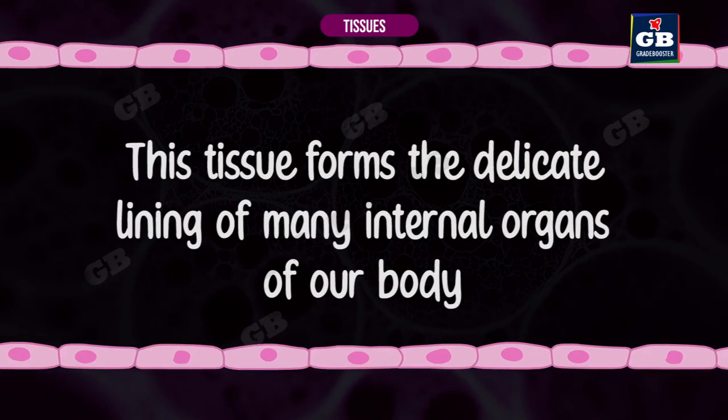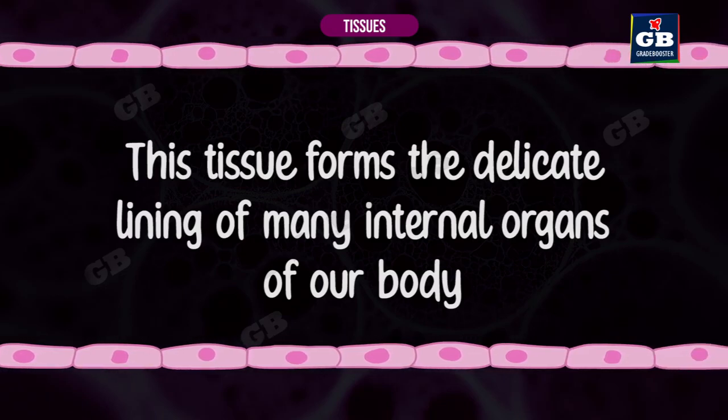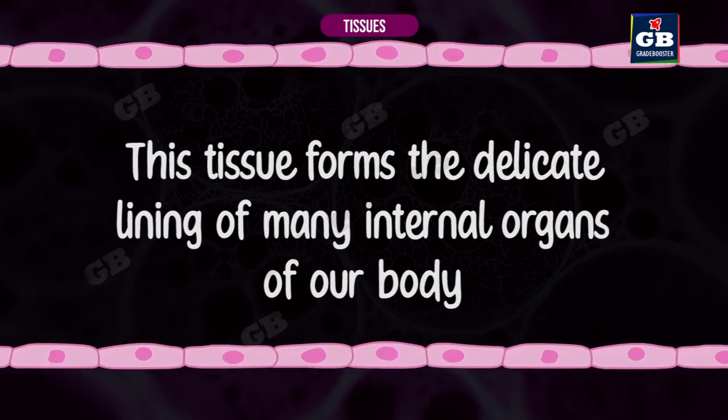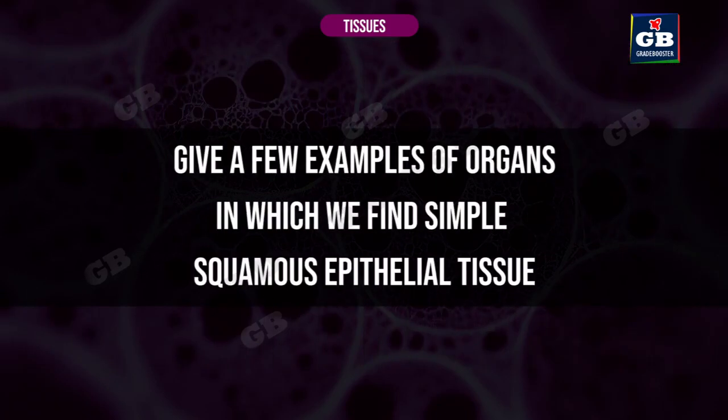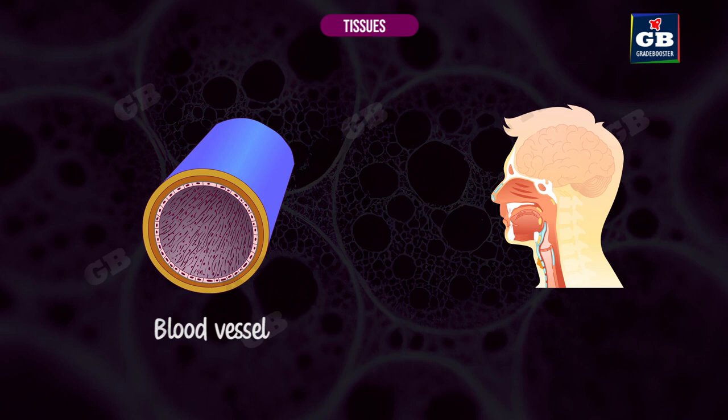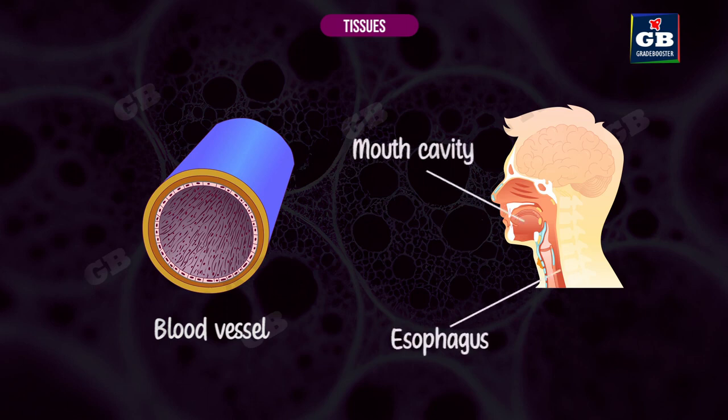This tissue forms the delicate lining of many internal organs of our body. Can you give a few examples of organs in which we find simple squamous epithelial tissue? The lining of blood vessels and the lining of esophagus, lining of mouth are made of simple squamous epithelial tissue.